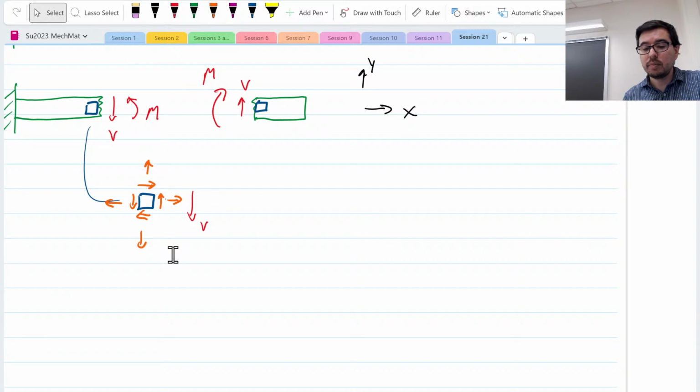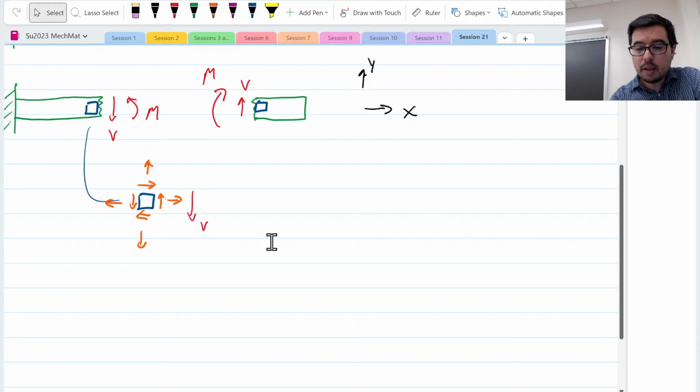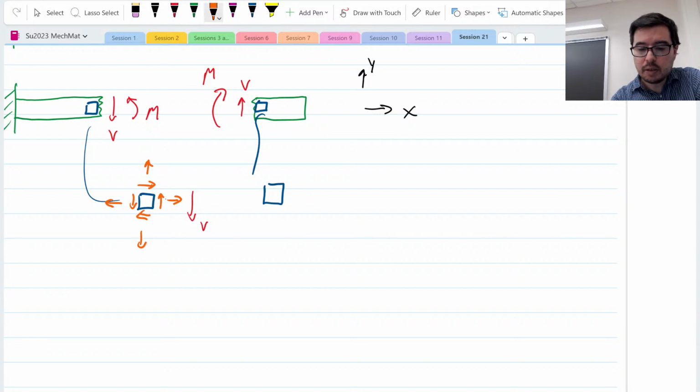Okay. Yeah. And then here I get this other element over here, and if I follow my convention here, I've got to keep track of this shear force like that, but I still have these to be concerned about.